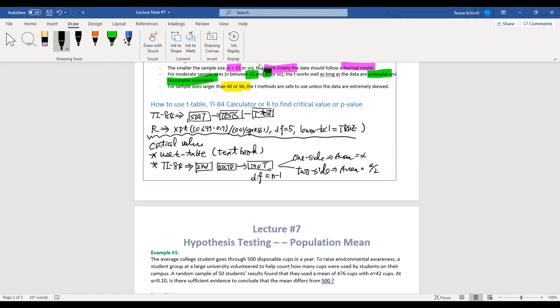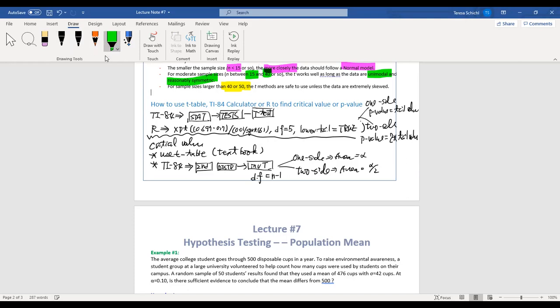All right, so also be careful here. This is the same thing we said for a one-sided test: the p-value will just be equal to the tail value, right? If this is a two-sided test, then the p-value will be equal to 2 times the tail value.